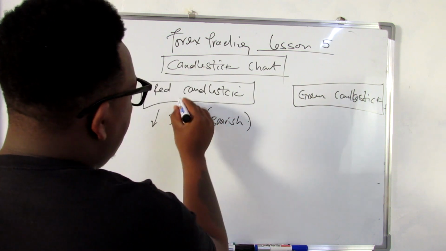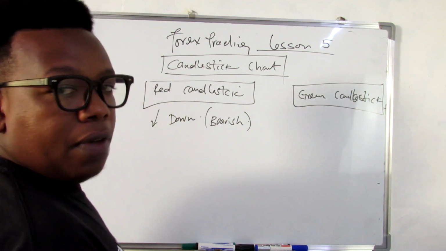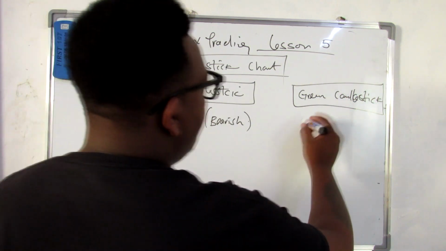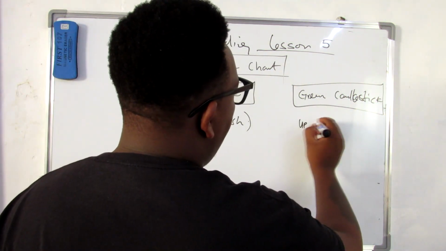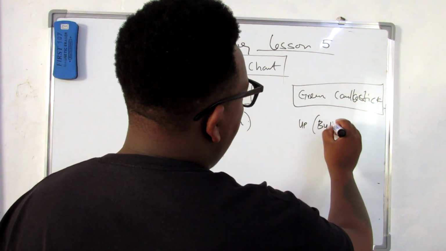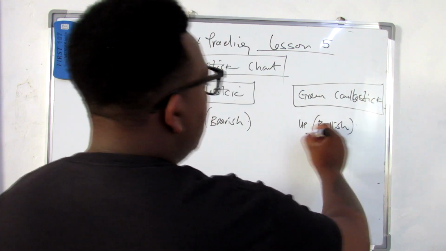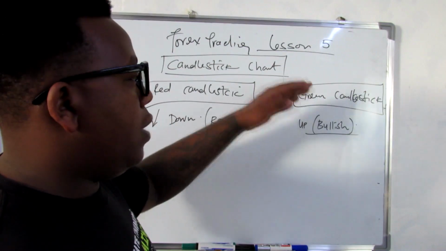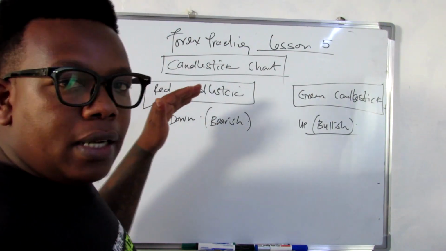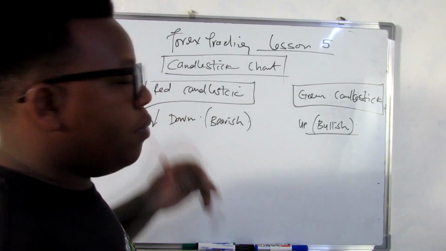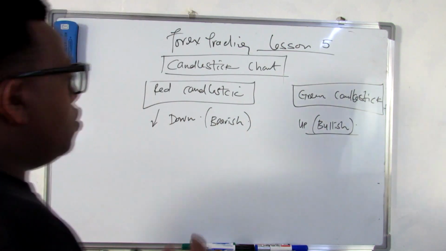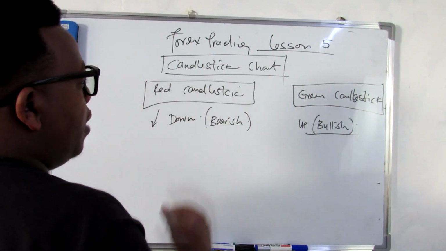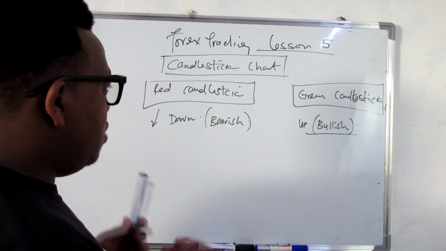When the market is going up, we normally say the market is bullish, and you see the formation of green candlesticks. When the market is moving downward, we see the formation of red candlesticks. Both the red and the green candlesticks have some similarities or features.